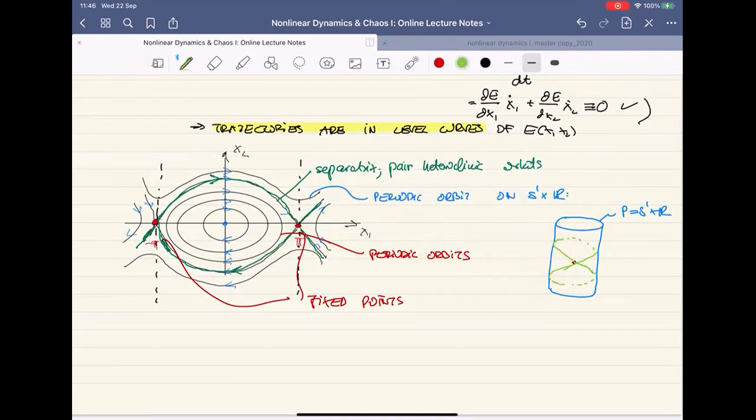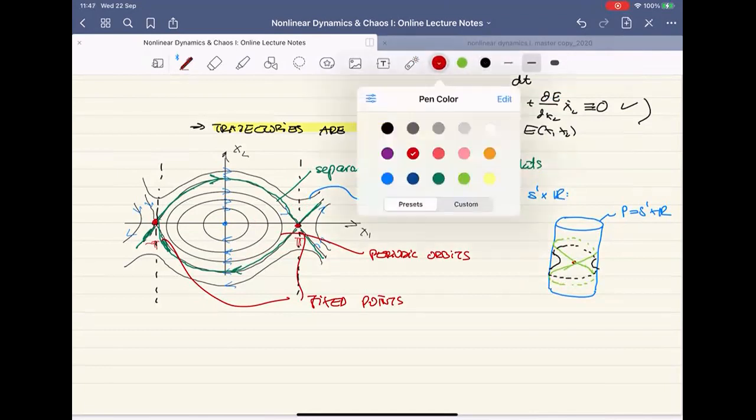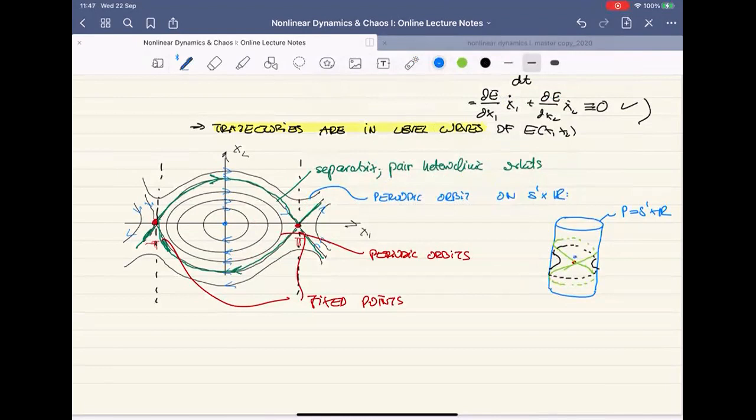You will then have these periodic orbits, which I have drawn in black here, and they go around. Which means that somewhere on the other side of this cylinder, there will be another fixed point, the blue one, which is surrounded by these periodic orbits.